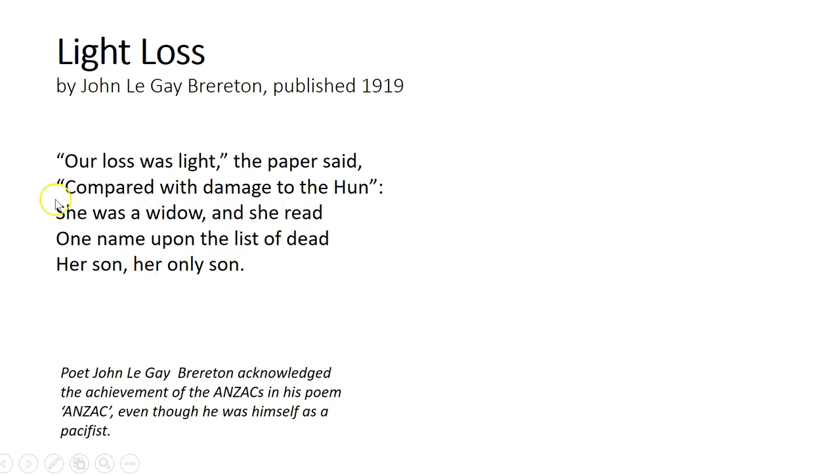But we know that her son, her only son, was killed during the war. So we have loss from different perspectives. We have the loss from the nation's perspective, or even from the British Empire and the Allies' perspective, and then we have the loss from a very, very personal perspective. The fact that she's lost one person is possibly more devastating to her than the loss of all those other people.